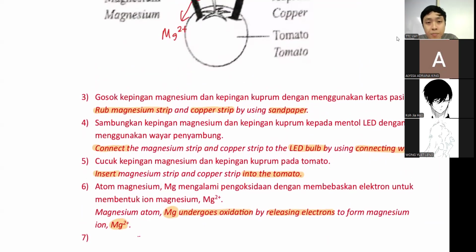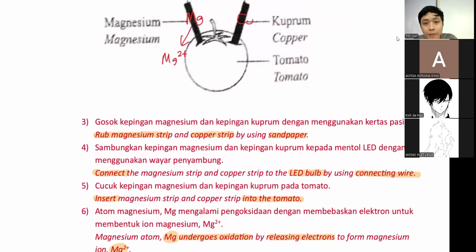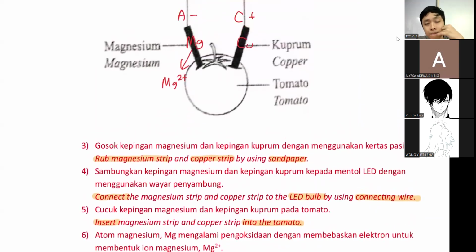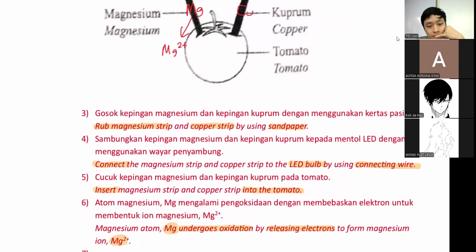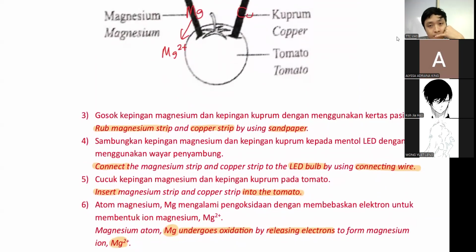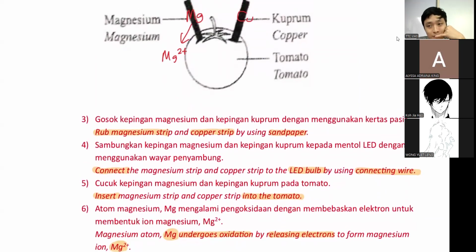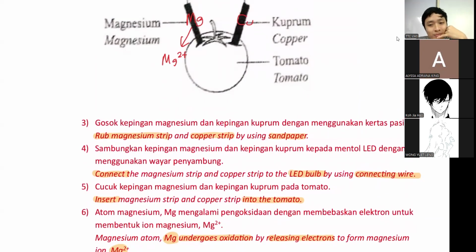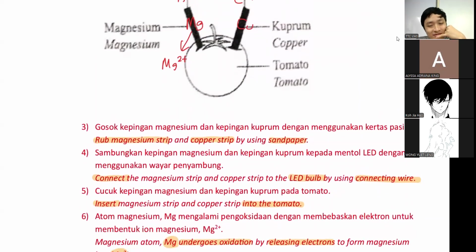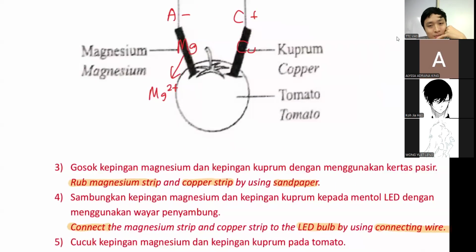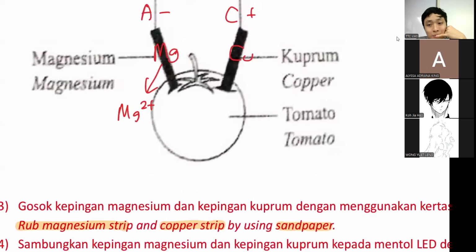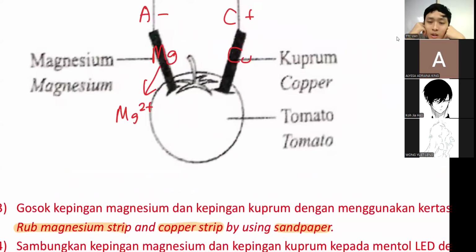Which one undergoes reduction? I mean, what turns into what? You don't start with copper, isn't it? You start with what ion? Now, let me ask one question.